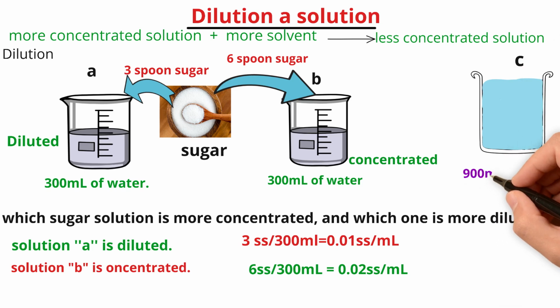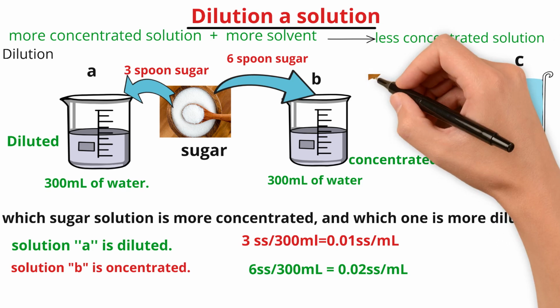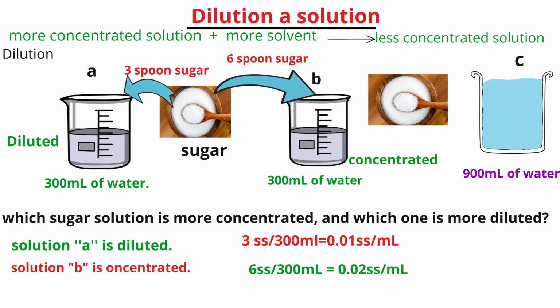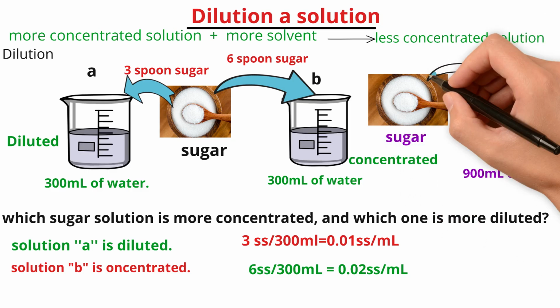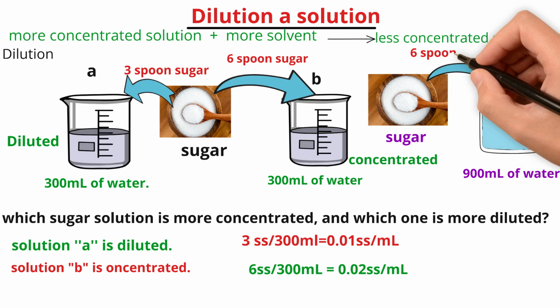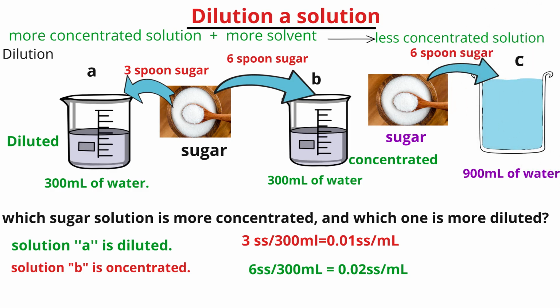Now let us consider the third beaker C, which contains 900 ml of water and the solute is sugar. Let us add again 6 spoons of sugar, and these 6 spoons of sugar dissolve in 900 ml of water to form sugar solution. Now the question here is which one is the most diluted?